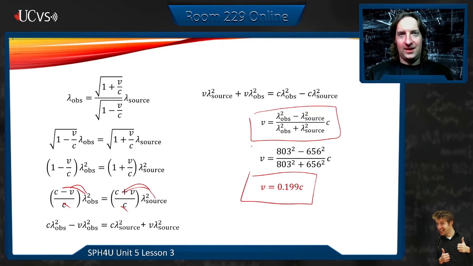Okay? A frightening realization for physicists in the 20th century when they realized that the universe is expanding at a tremendous rate. So yeah, the galaxy is traveling away from us at 20% of the speed of light.